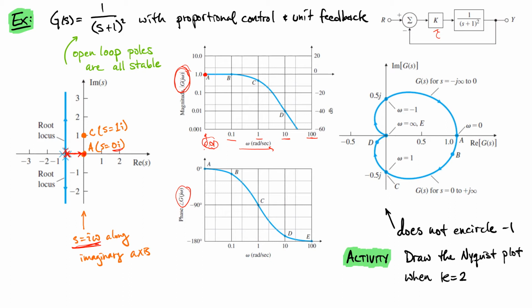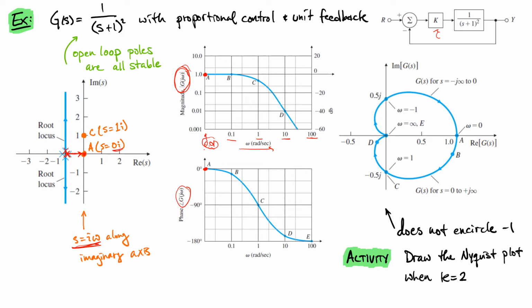Since the poles are in the denominator of the transfer function, we take the negative of the 0, which is still 0. And so that's why point A has a phase of 0.